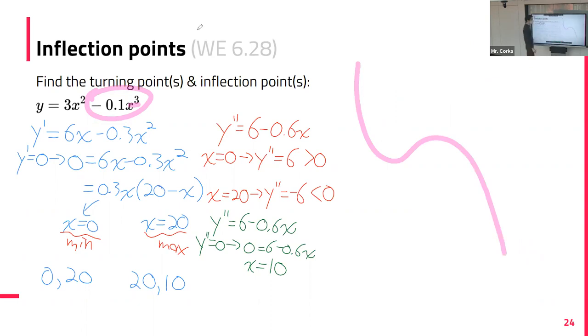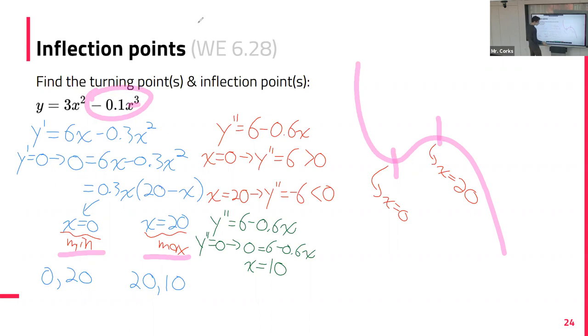Okay, so we have this basic shape, and we know that we have a minimum point should be first and a maximum point should be second. Minimum at 0, the maximum at 20. So that order matches. Okay. So we have this minimum at x equals 0. We have this maximum where x equals 20.